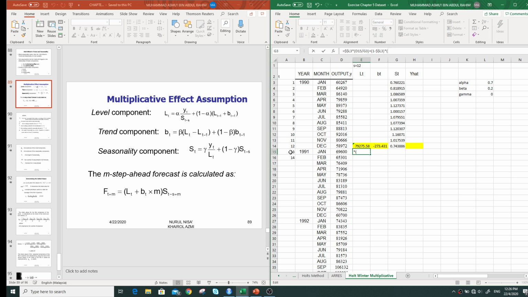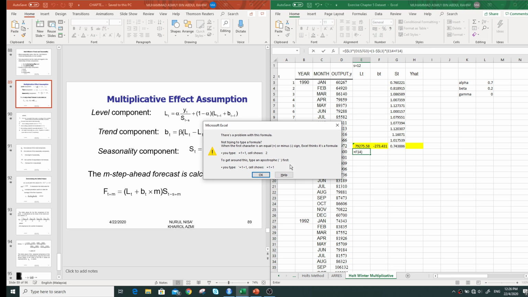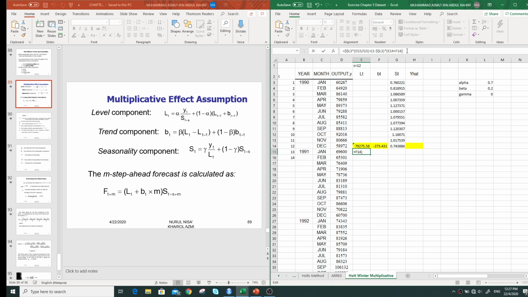So t is 13, so L12 plus B12. Be careful with the cells, and then enter.